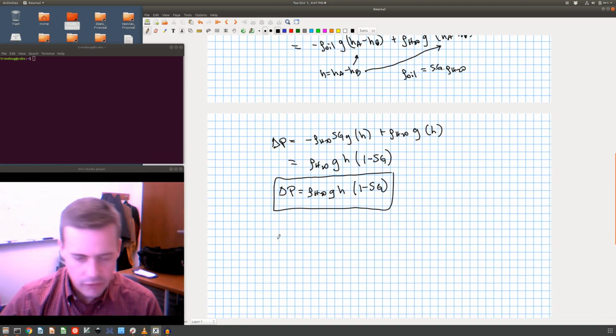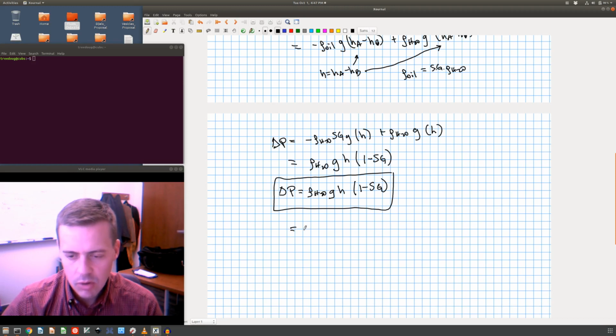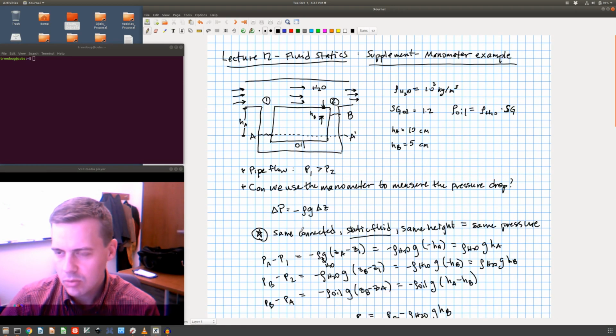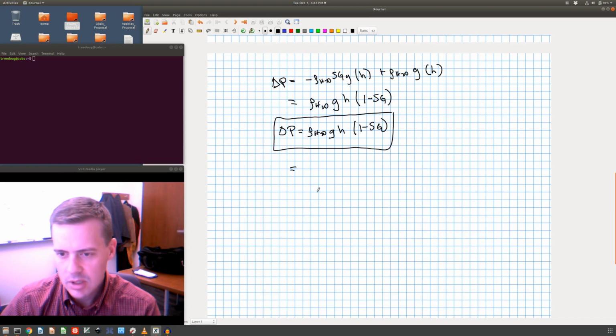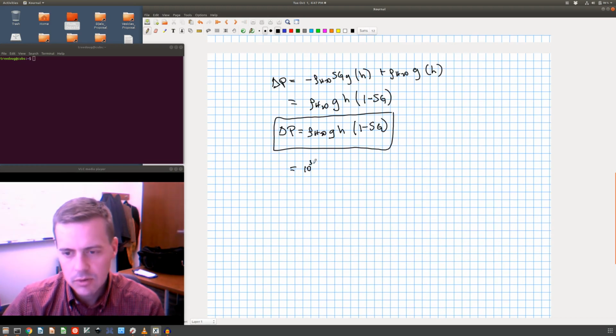So now to solve for this, to find a number, rho H2O, if we scroll up, was 10 to the 3 kilograms per meter cubed. G is 9.8 meters per second squared.